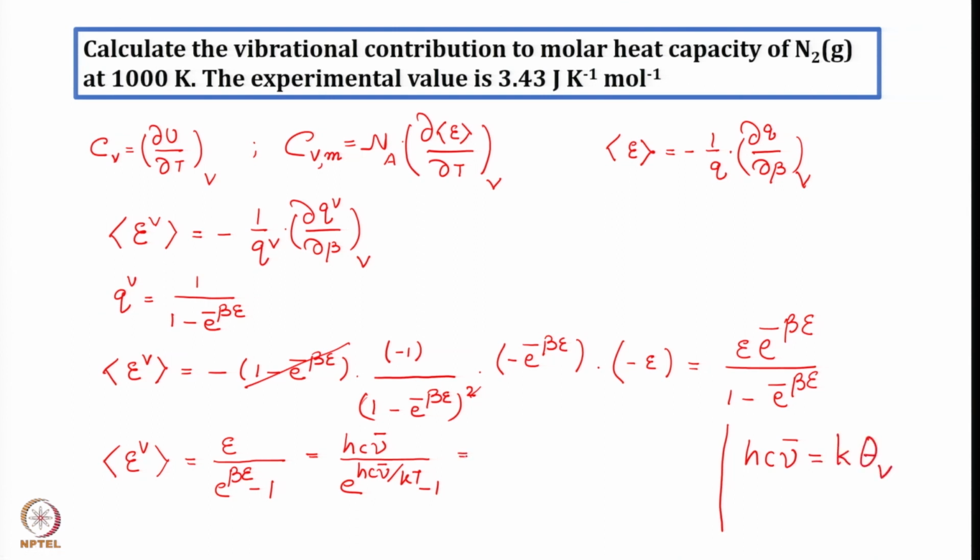So I can write this as k times theta v divided by exponential hc nu bar by k is equal to theta v, so theta v by T minus 1, right?